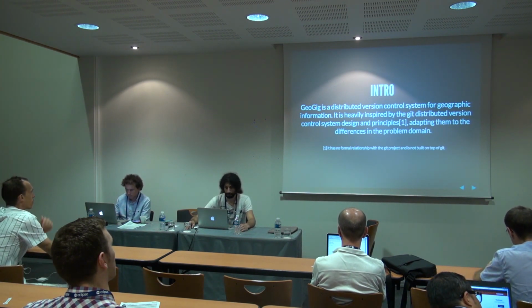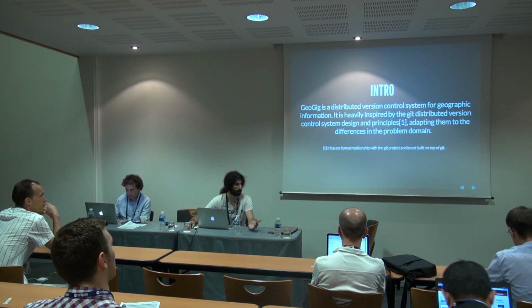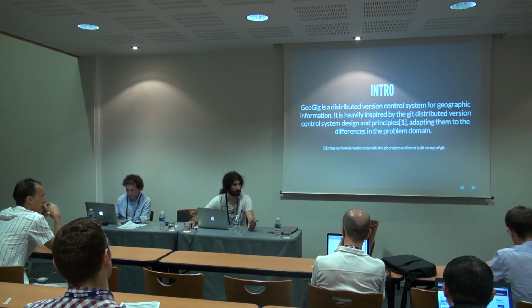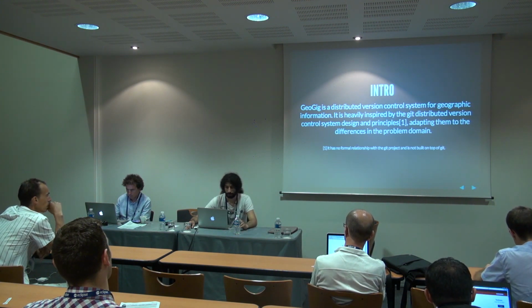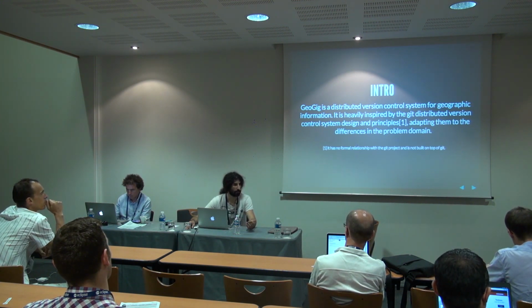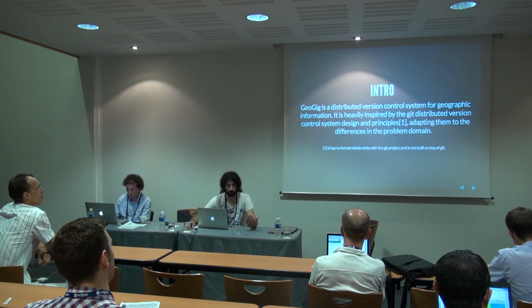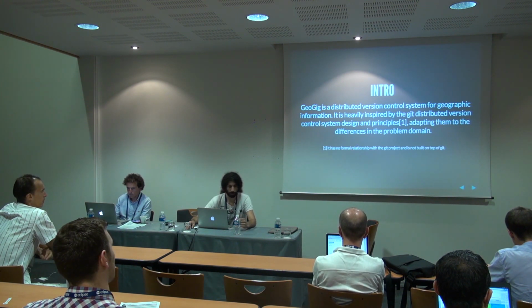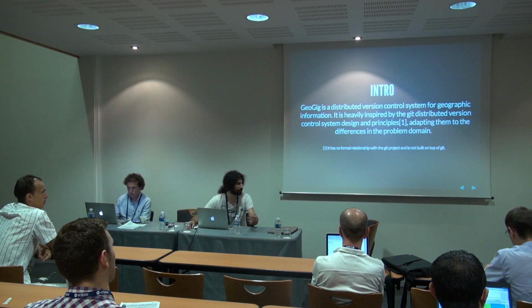Probably if you know Git, you know GitHub, and you see that in GitHub right now you can use Git to upload your GeoJSON data, and it has some interface that shows you your spatial data, etc. So there's no reason why you cannot use Git for versioning your spatial data, as long as it's kept as text, like in a GeoJSON.